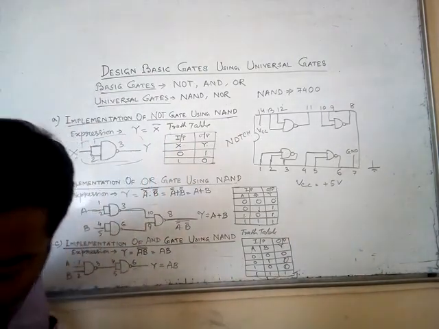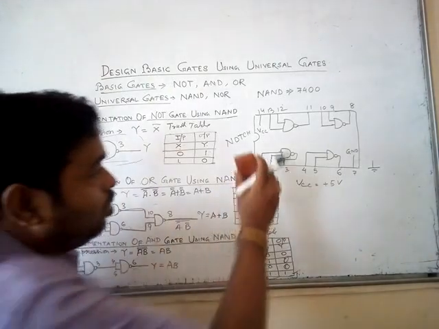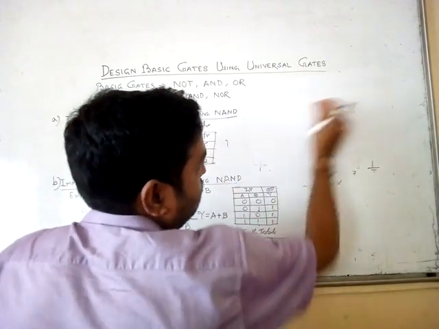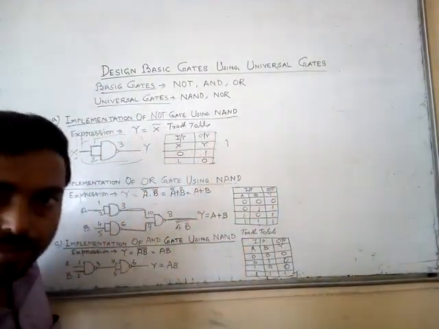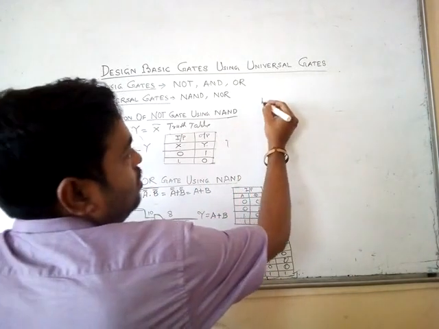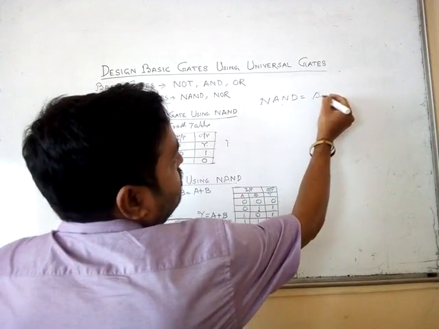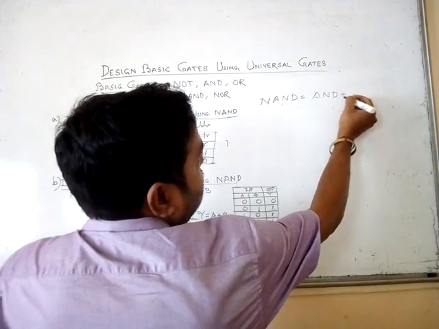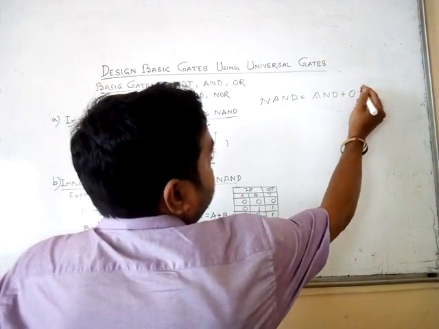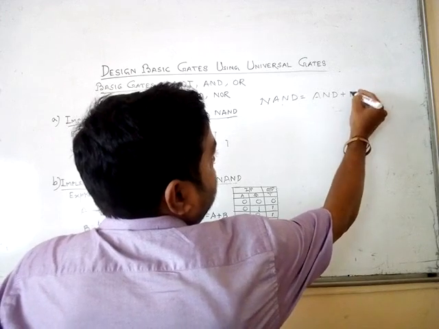And now I will tell about the NAND and NOR. What is NAND and NOR? NAND means AND plus NOT.